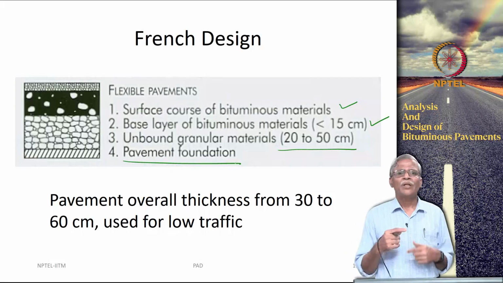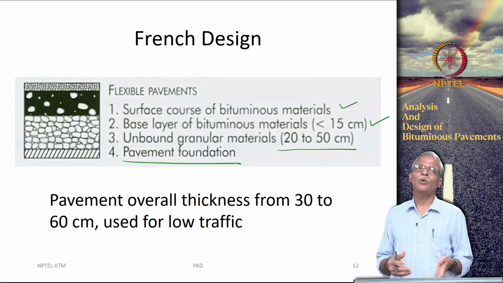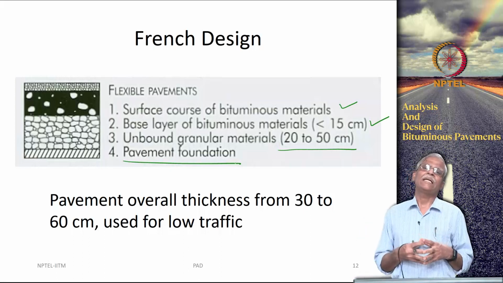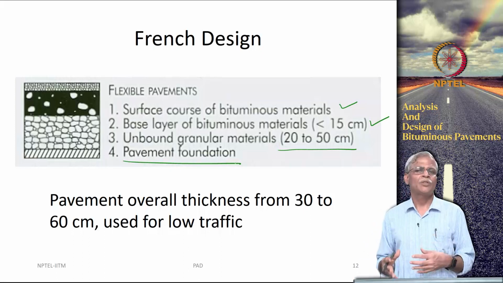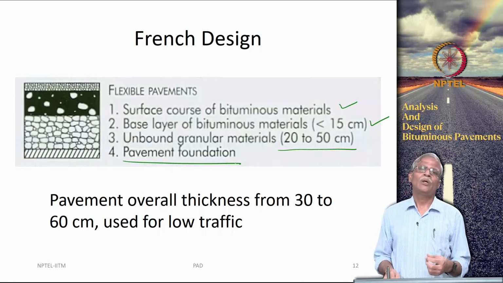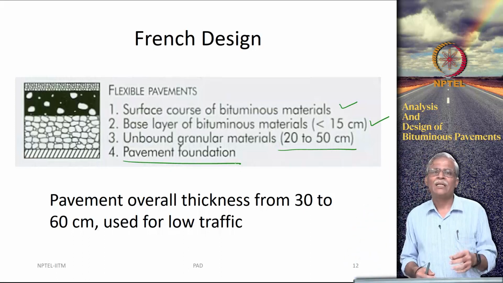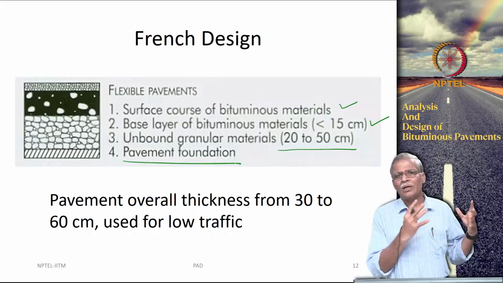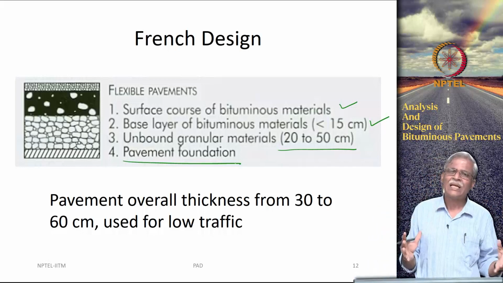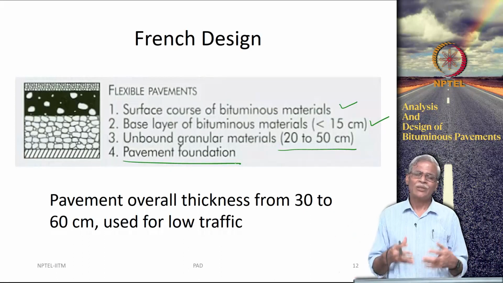I have a reason for emphasizing all these things, because at the end of the course what you are going to do is take any of the existing IRC 37 cross sections, use the distress functions, apply the load, compute the critical strain, and substitute these critical strains in the distress functions, and see whether the equivalent standard axle load for which it has been designed actually meets or not.